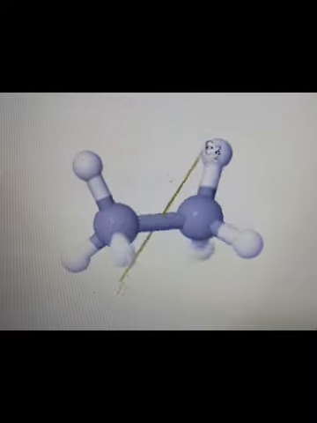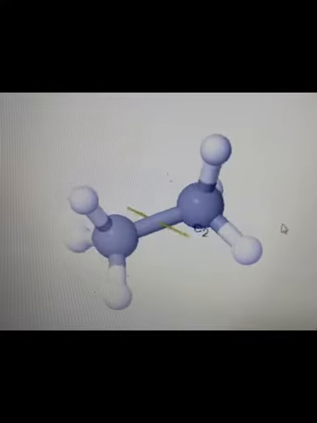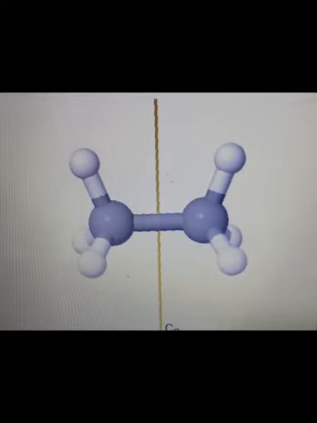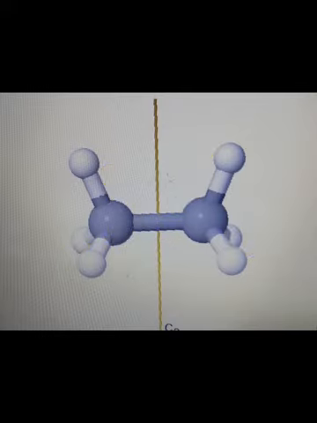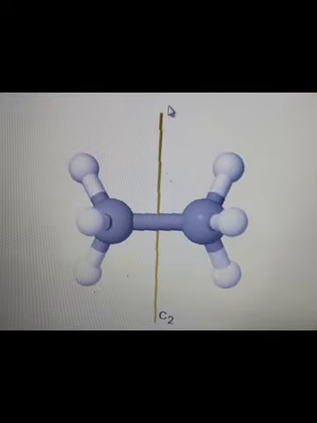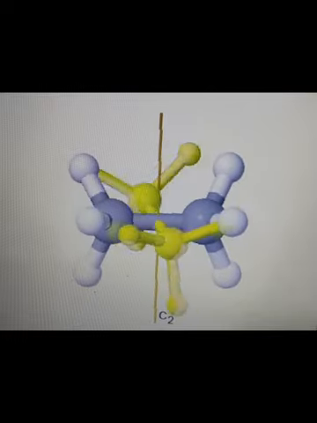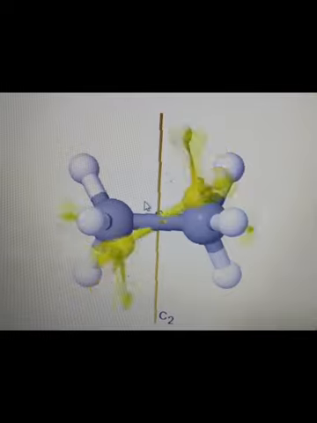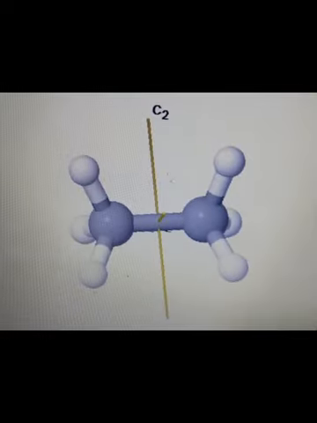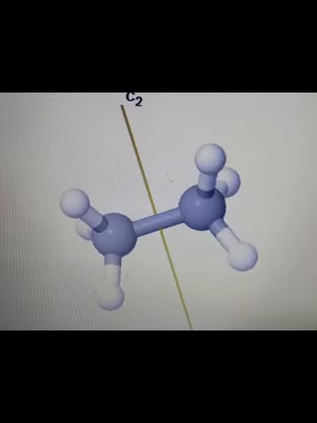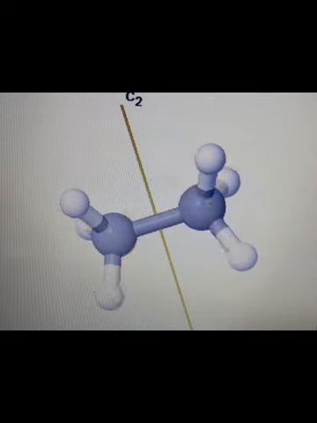If you look at the first C2, rotation should take place along this axis. First C2, second C2, third C2. Look at the third C2. This is how the rotation takes place.